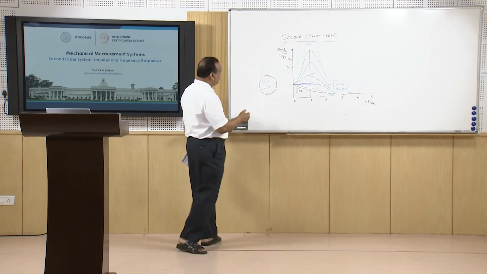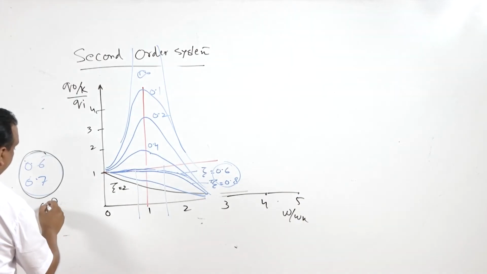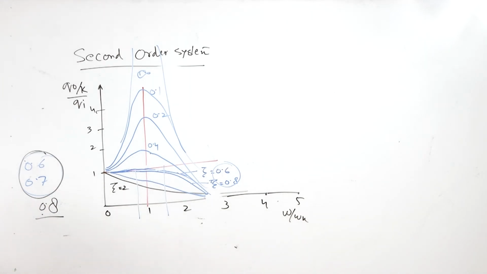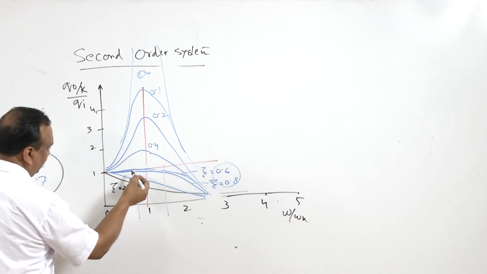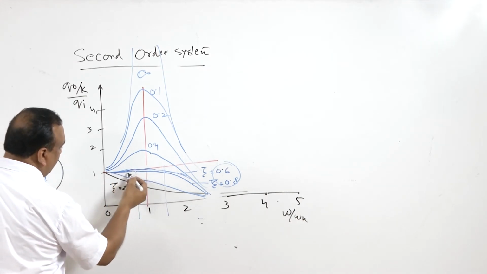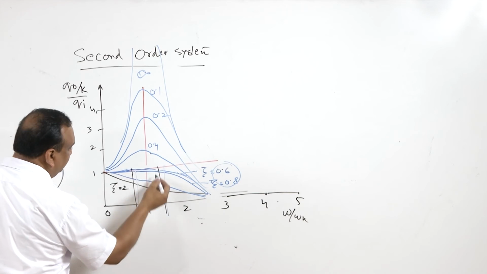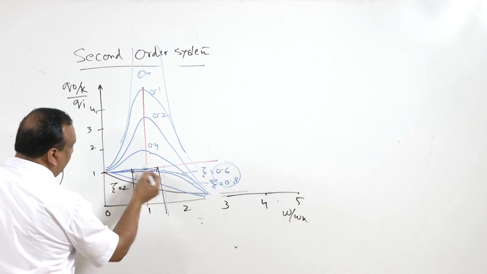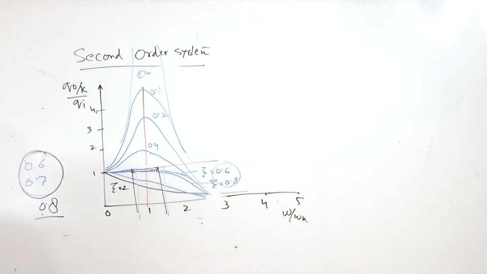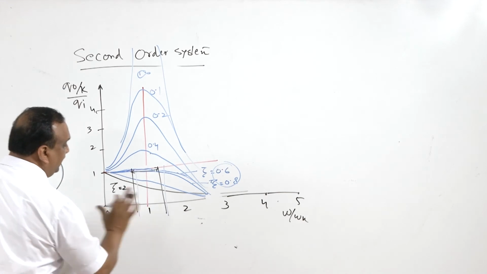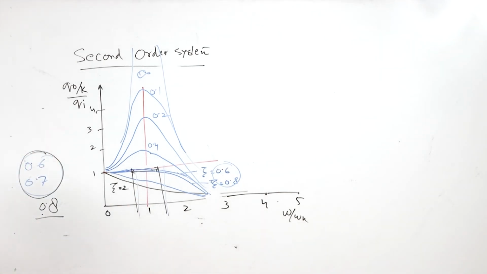We can go up to 0.8 also, but not more than 0.8. So the best range is 0.6 to 0.7, where significant overshoot will not be there, and we get more frequencies in this range. Either the curve is almost flat in this range, or the range of frequency for which the curve is flat is higher for this zeta, when the zeta is lying between these two.